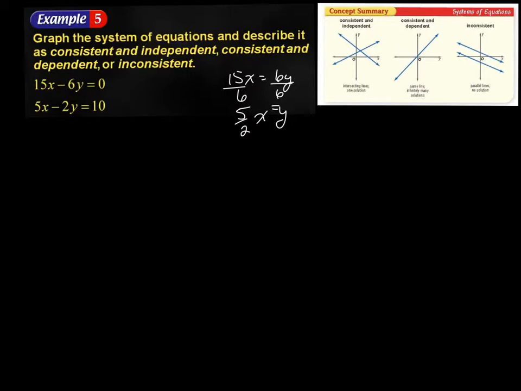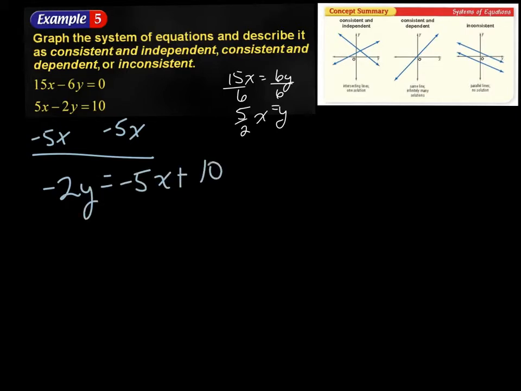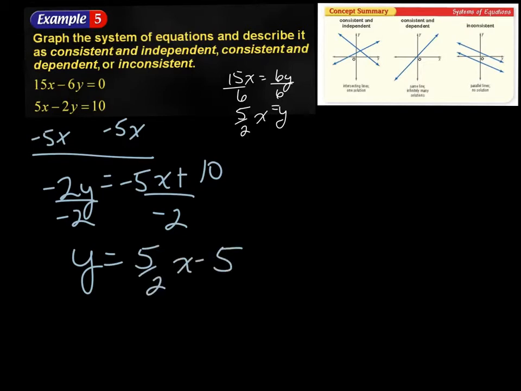Second equation, we're going to subtract 5x from both sides. So I've got negative 2y equals, I'm going to go negative 5x plus 10, so it's in our order that we're used to seeing. Divide both sides by negative 2, and y equals negative divided by negative is a positive, and positive divided by negative is negative, and we can graph.